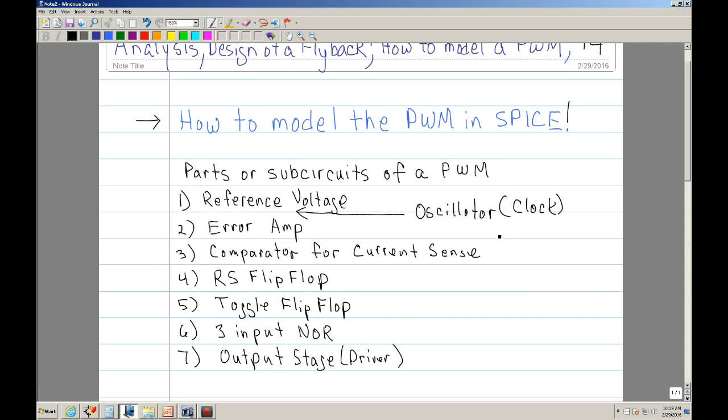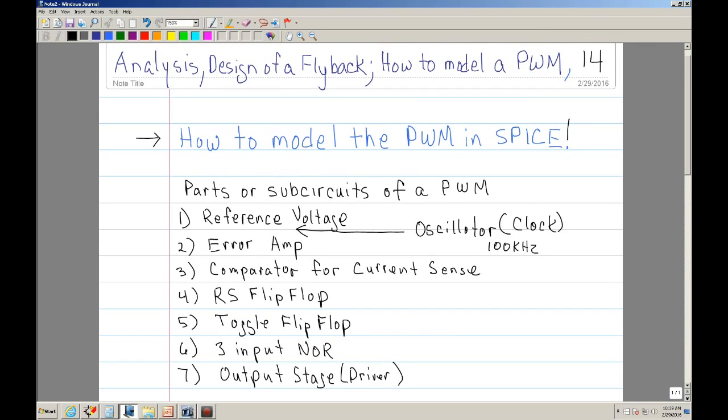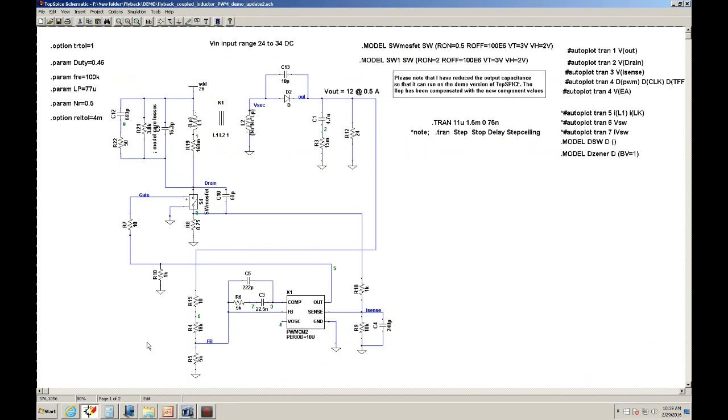And this oscillator, since I designed the flyback with a switching frequency of 100 kilohertz, we'll go ahead and keep it at that frequency. Okay, so let's go ahead and go to SPICE.